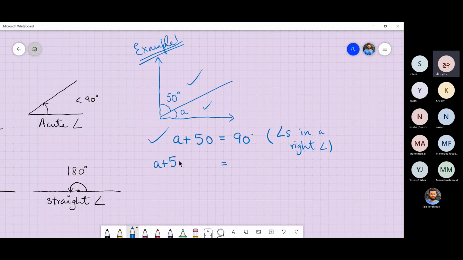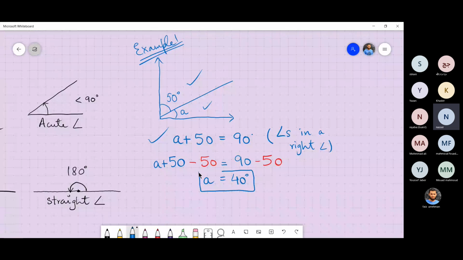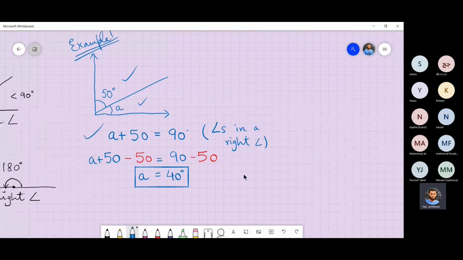Yes, sir. So minus 50 on both sides, correct? So 50 minus 50 will become 0. So a will be alone. a is alone equal to what is 90 minus 50? 40. So a will be 40 degrees. Okay. This is how we solve angles in a right angle.